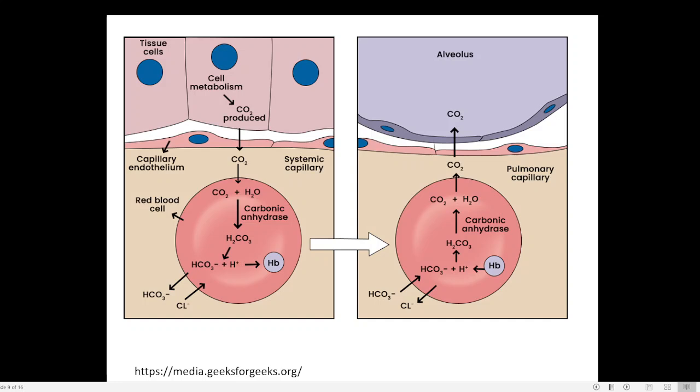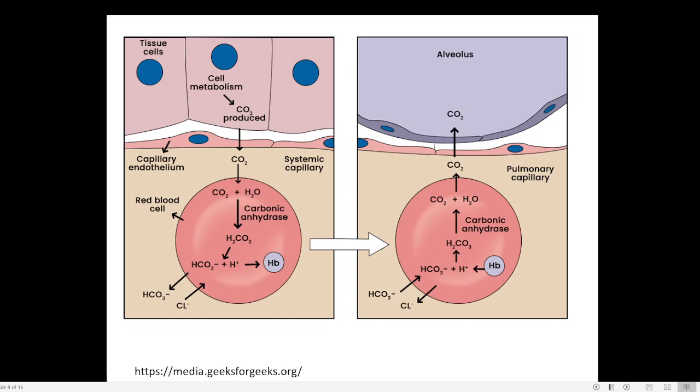To balance that, the body will pump the same number of negatively charged chloride ions into the RBC as the 50 bicarbonate ions that left, and that process of pumping negatively charged chloride ions into the RBC is known as the chloride shift.